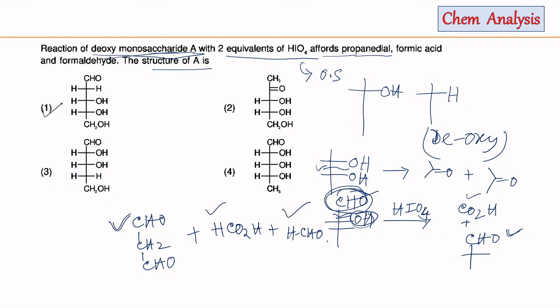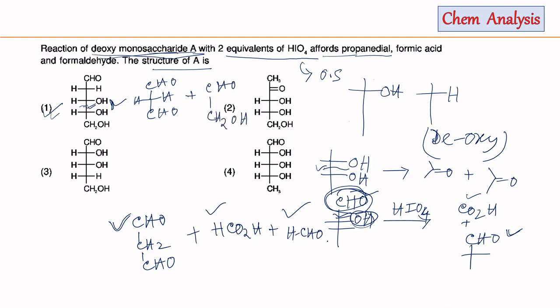Now let us first see the first option. Here if it is treated with HIO4, since this one is a vicinal diol, it will cleave this carbon-carbon bond and form the corresponding carbonyl compound. Since here is hydrogen, it will be an aldehyde, and similarly here will be an aldehyde, and below will be CH2OH.